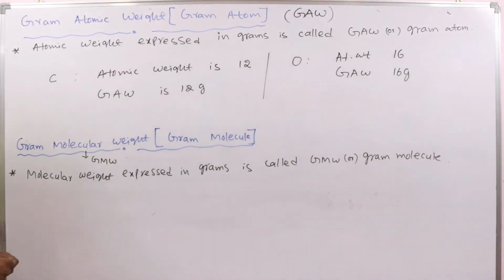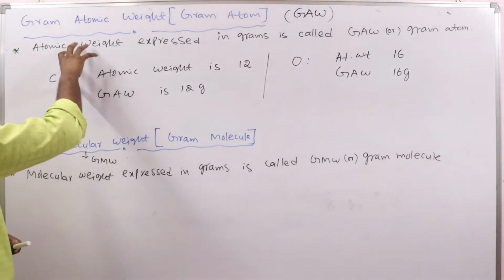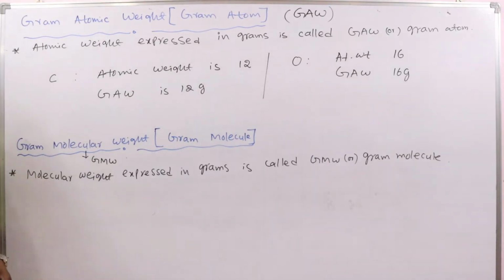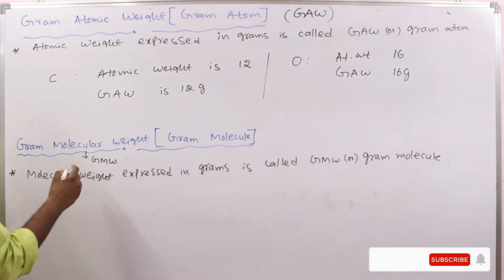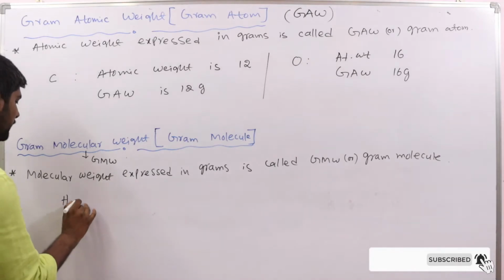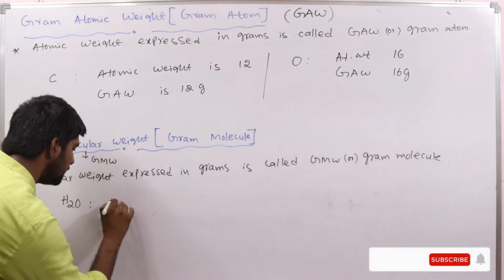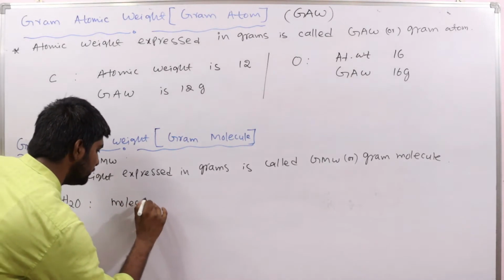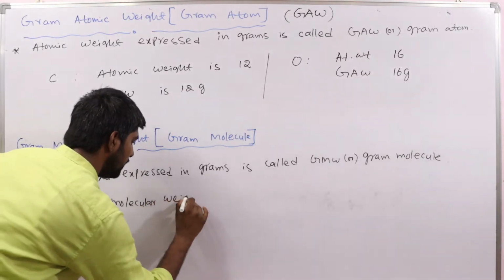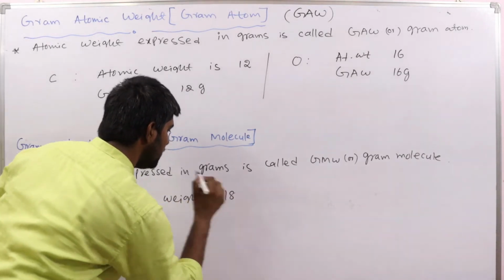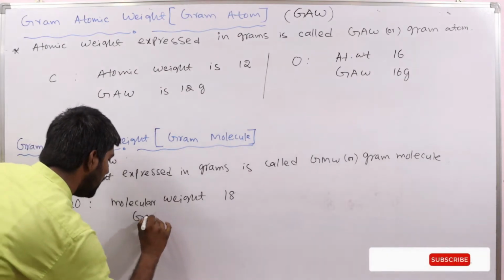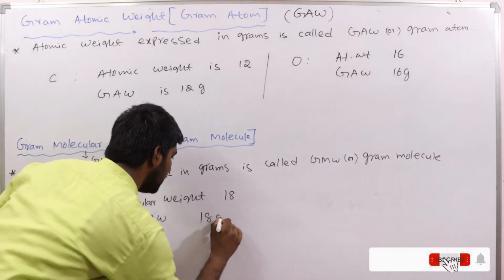This is for the atoms and this is for the molecules. Clear? For example, if we have water, H2O, here the molecular weight is 18 units and gram molecular weight is 18 grams.